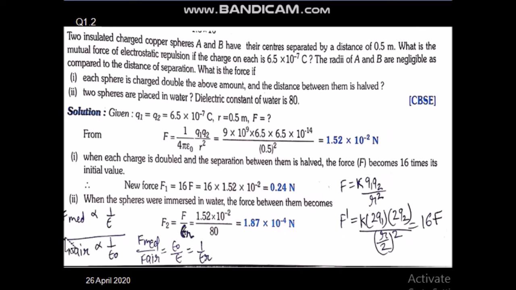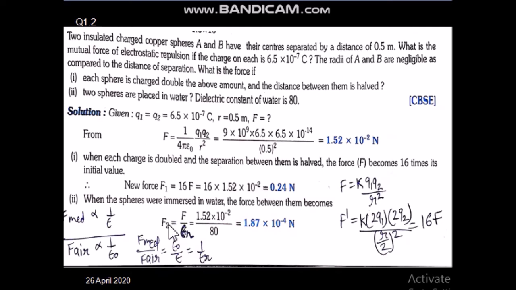When we write the force in a medium, F medium, then epsilon will come in the denominator, and when we write the force in air, then epsilon 0 will come in the denominator. Other factors will remain the same. So if we divide F medium upon F air, finally epsilon 0 upon epsilon will be left. And since epsilon is epsilon 0 into epsilon r, only epsilon r will be left. So F medium is always F air upon epsilon r.